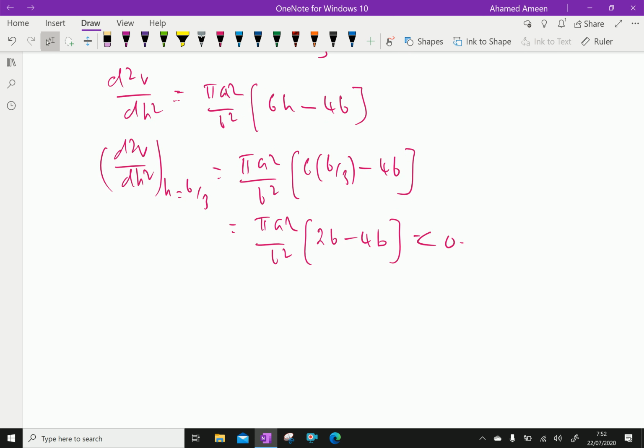So we can say V is maximum at H equal to B by 3.